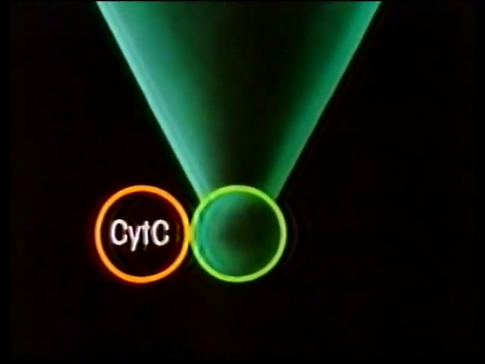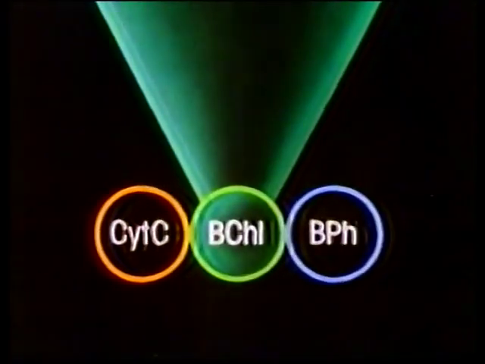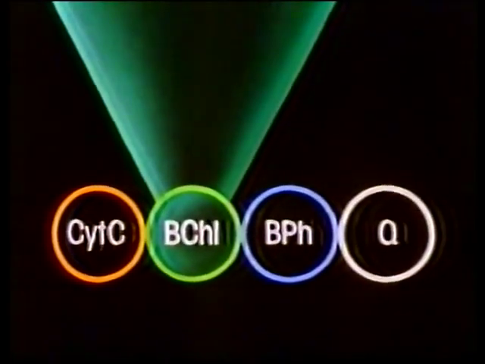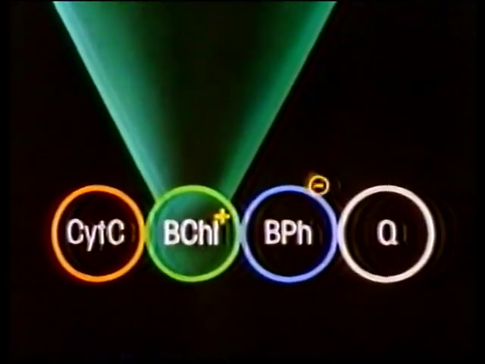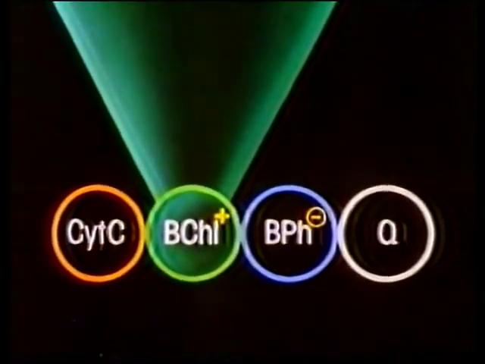In the bacterial reaction center, there are four main components: a protein, cytochrome C, bacterial chlorophyll, a substance called bacteriopheophytin, and a quinone iron complex. Now, when the reaction center bacterial chlorophyll is excited by light via the harvesting pigment, it transfers an electron to bacteriopheophytin in the incredibly short time of 3 picoseconds.